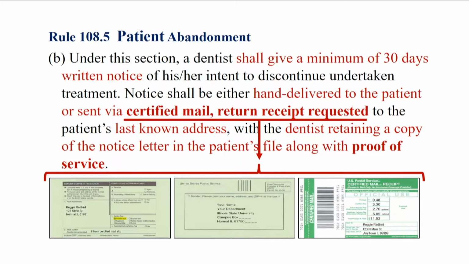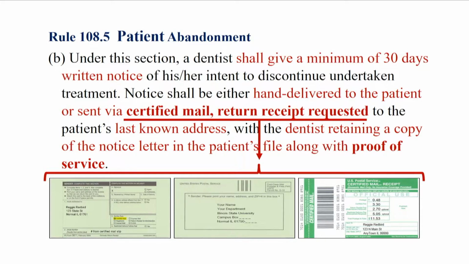If you find yourself in the midst of a complaint investigation based on Rule 108.5 patient abandonment, and if you did not comply with either the hand delivery or the certified mail components, even if you can show that you sent it by email and it was responded to, or even if you can show somehow that it was received by regular mail, if you did not comply with the technicality of certified mail, technically you will not be in compliance and you will be in violation of Rule 108.5.